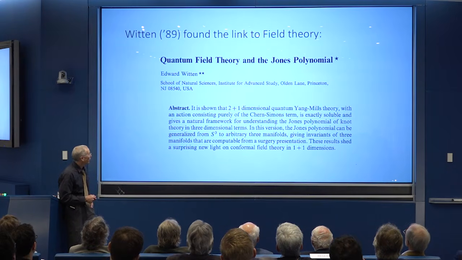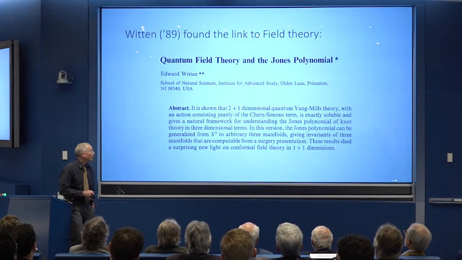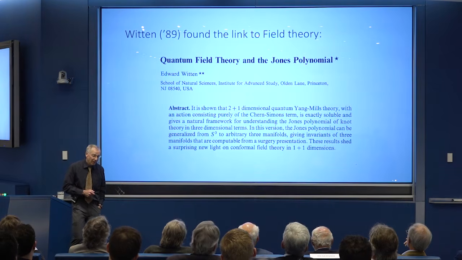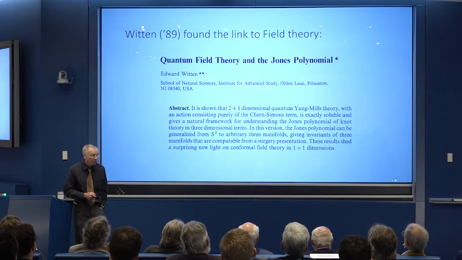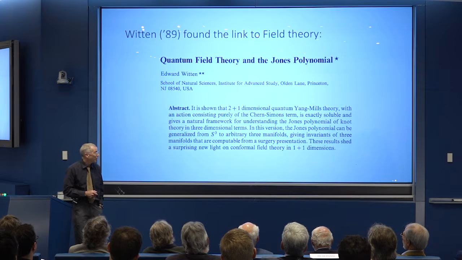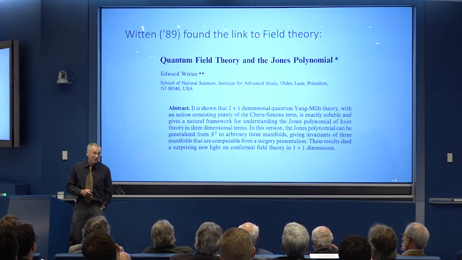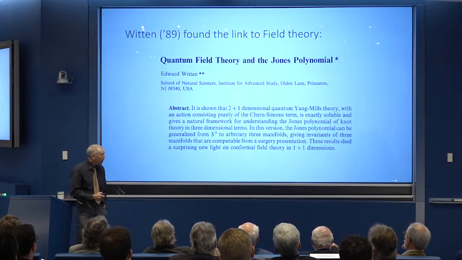It made it through this work of Witten, which Kiram already mentioned, where Witten explained the Jones polynomial as the observables, the evaluations of Jones polynomials with the observables of an SU2 Chern-Simons theory at different levels.